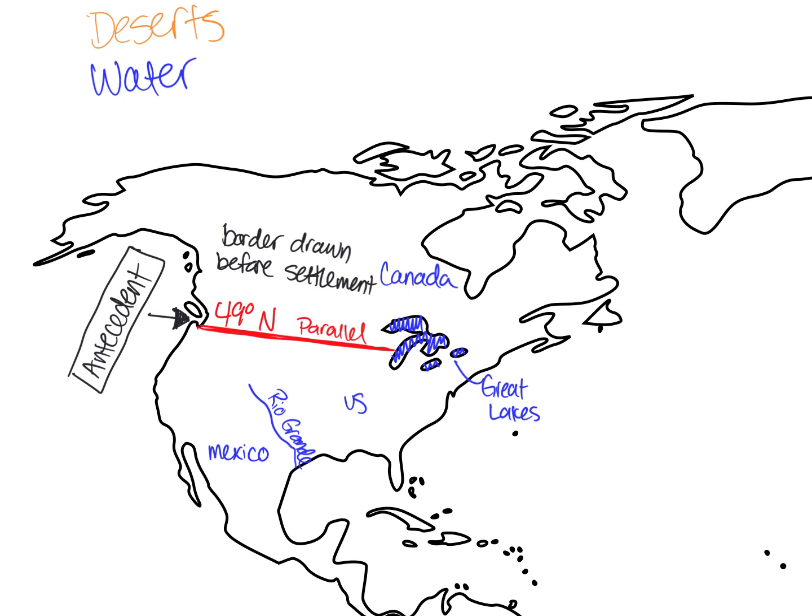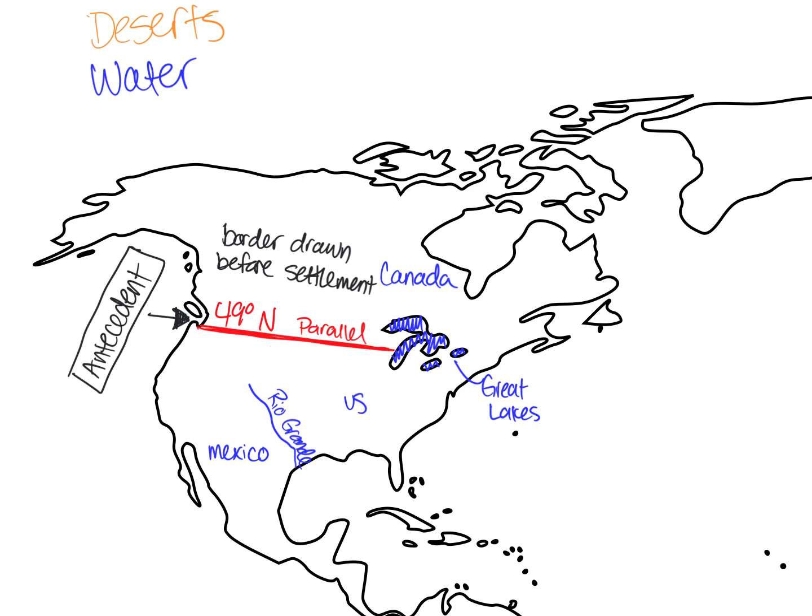Okay. So when we had fought our war with Great Britain, then later on, or I guess they fought before with, who did they get Canada from? France. They got Canada from France, right? So then we had our war with them, and we were living over here on the East Coast. They had already decided that the border between Canada and US was going to go along this 49th degree parallel.